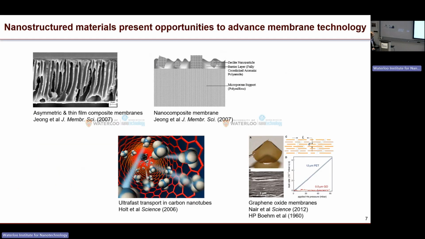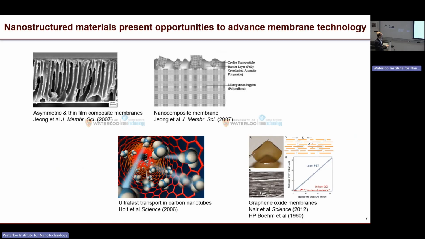So if we think about materials, by controlling the material structure and chemistry, we can have opportunities to further advance membrane technologies. The reverse osmosis membranes often have a very, very thin layer at the top, which is the selective layer. And the ability to make these membranes with a thin layer at the top was transformational in reverse osmosis.